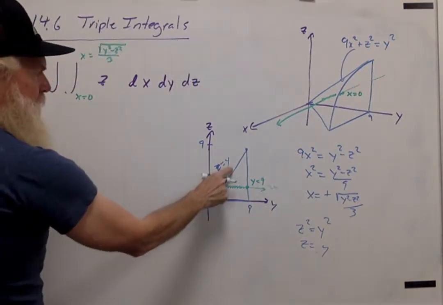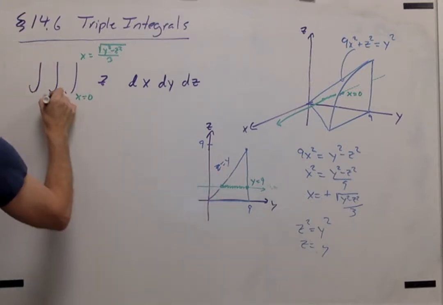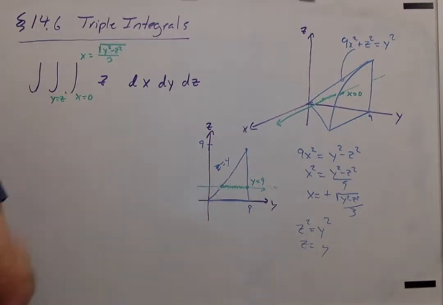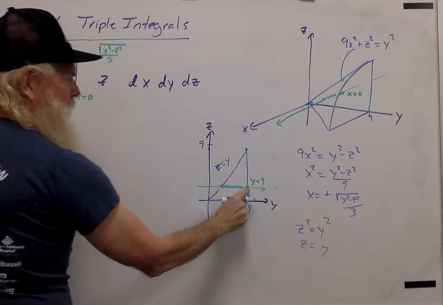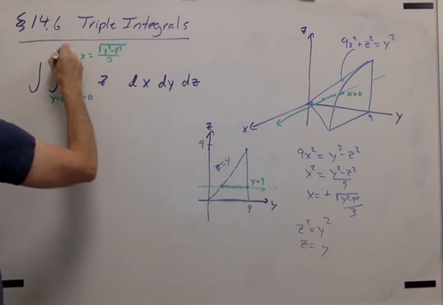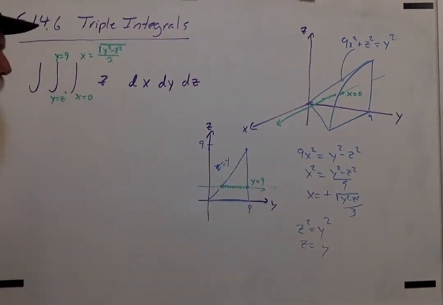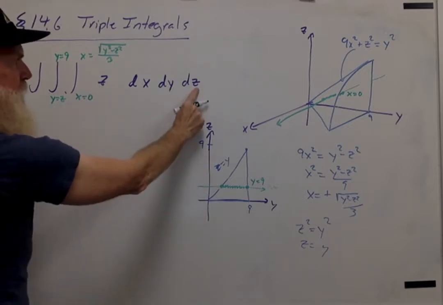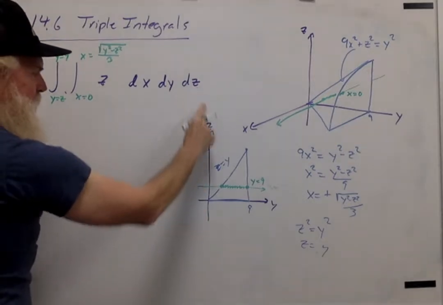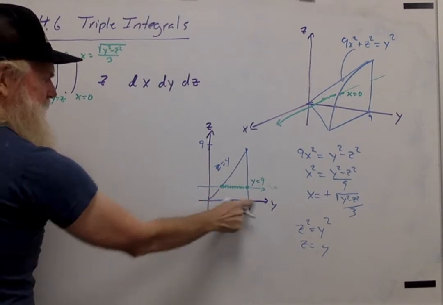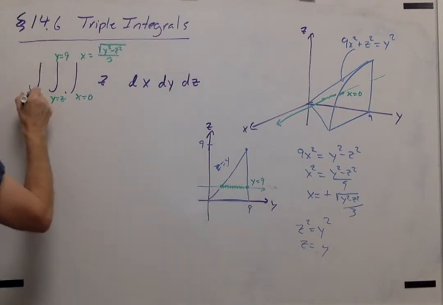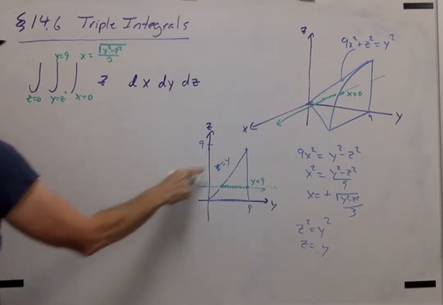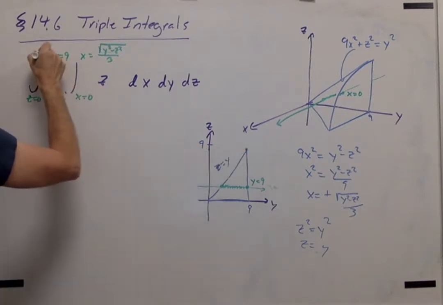So I enter on y equals z, so y equals z is my lower bound, and I exit on y equals 9, which would be my upper bound. And last of all, I give the smallest and largest values of z in the region. The smallest value of z is 0 along the y-axis, and my largest value of z is 9.